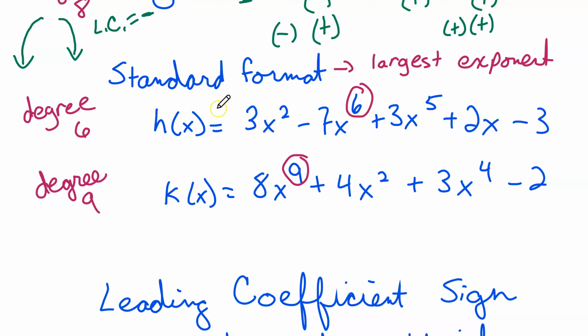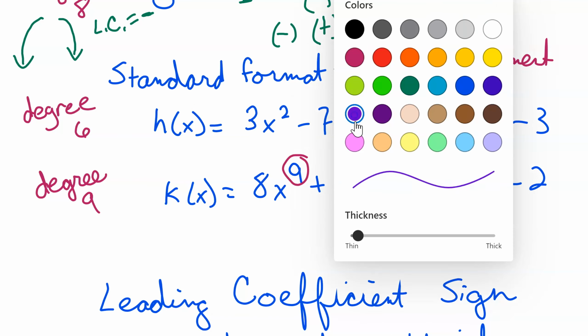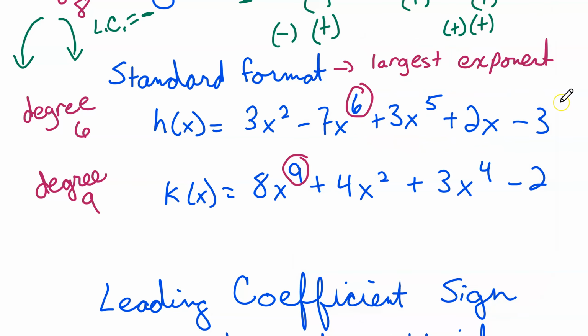Let's look at these in standard format. And I'm going to get a different color. So this one is a degree of 6. So what I'm going to do is I'm not going to take this as my leading coefficient. I'm going to look for the term that has my largest exponent, whatever I went with my degree.